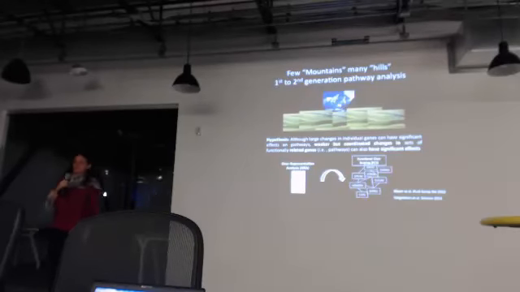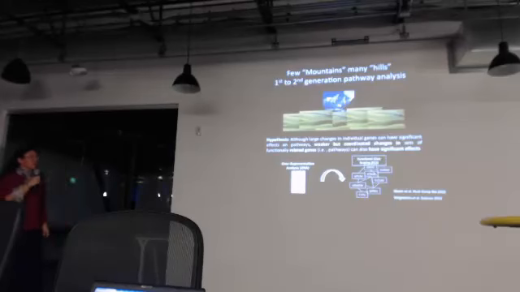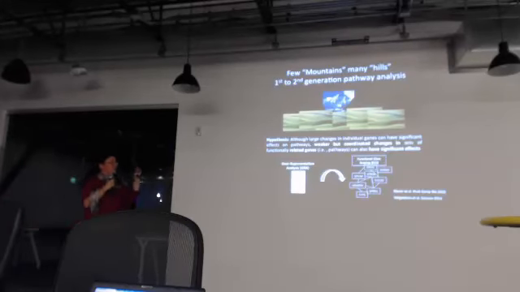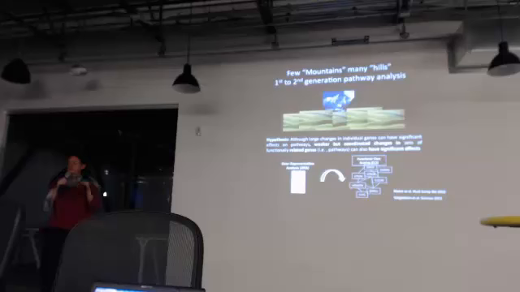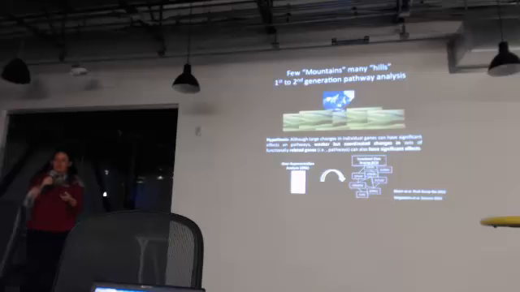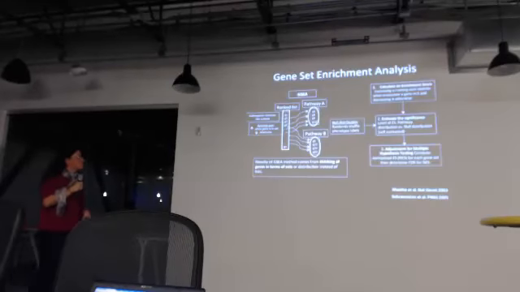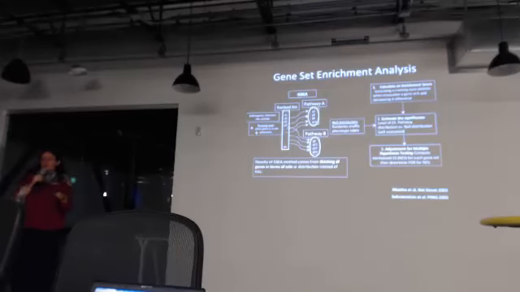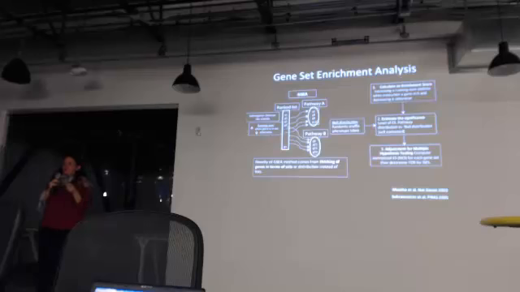So the hypothesis for the second generation of these methods is that although large changes in individual genes can be significant, weaker but coordinated changes can also be driving disease. One of the first papers that came out was on gene set enrichment analysis. Instead of just looking at the overlap, this thinks about it in terms of the distribution.